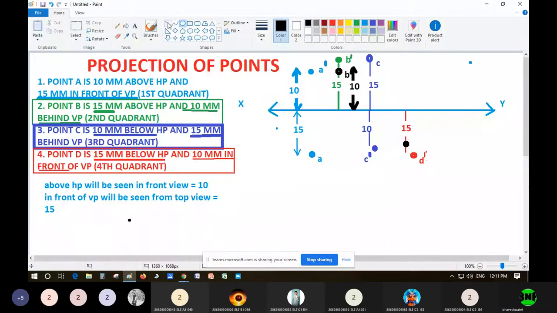So the name of the point will be, here is the D dash, so this black point will be D, and the distance will be 10 mm. So this would be 10, like this.